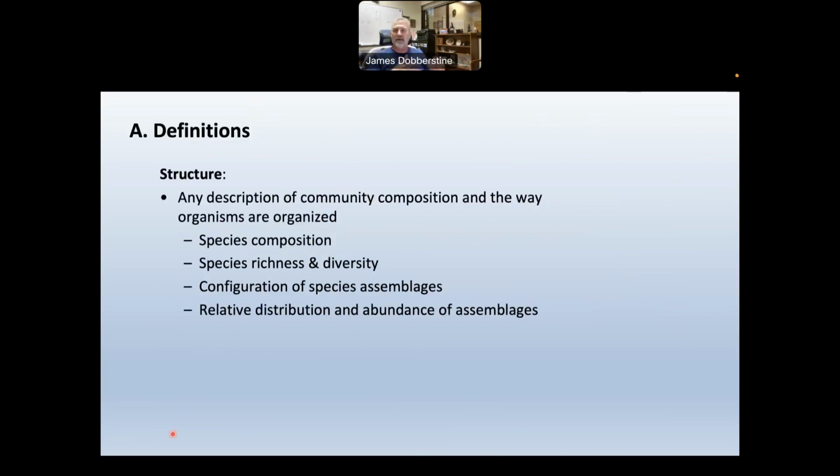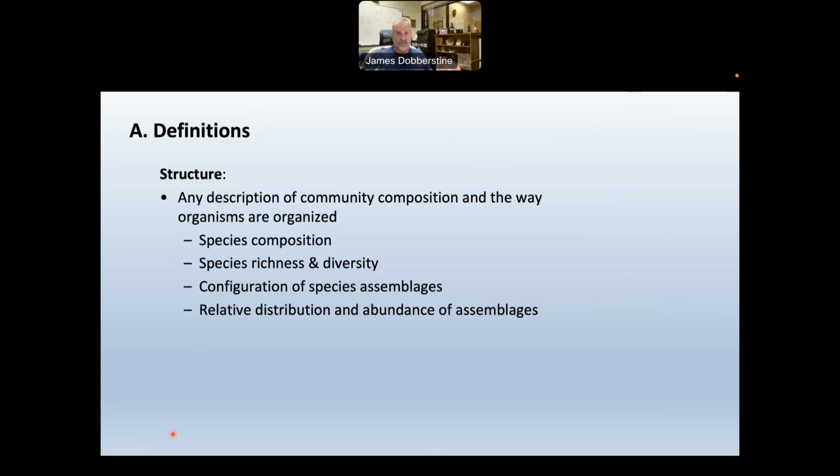So let's define a couple of things. First, structure. Structure really looks at community composition and the way organisms are organized, right? We've talked about this before, and you should have covered this in other lower level courses, I would think. That would include things like species composition, richness, diversity, how those species assemblages are configured, right?